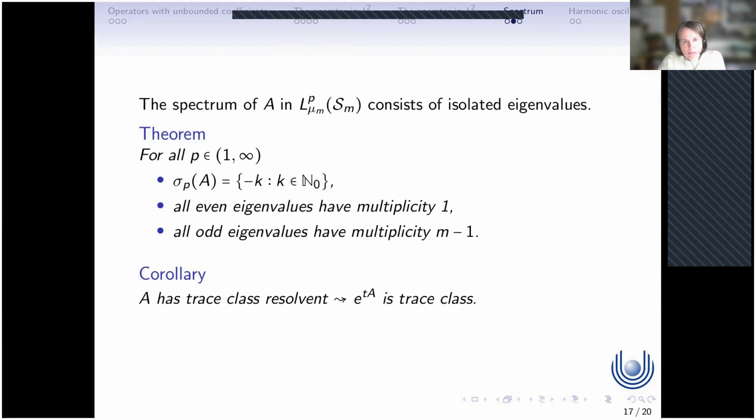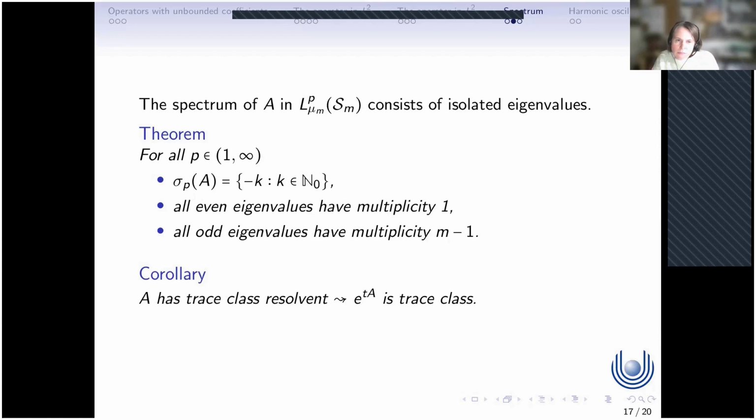We can prove that the spectrum of A with respect to Gaussian measure, just like on R, consists of isolated eigenvalues. To be more precise, we can prove the following. For all p strictly between 1 and infinity, the operator has purely point spectrum, the spectrum is p-independent, and it just coincides with the set of negative integers.